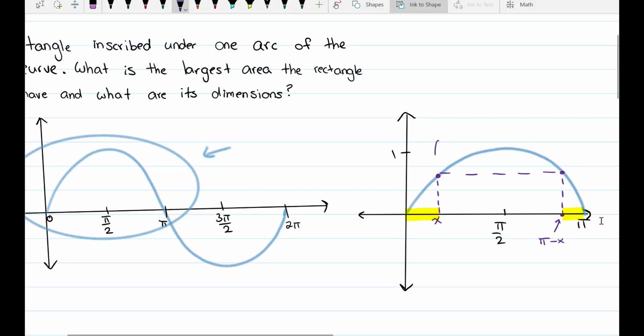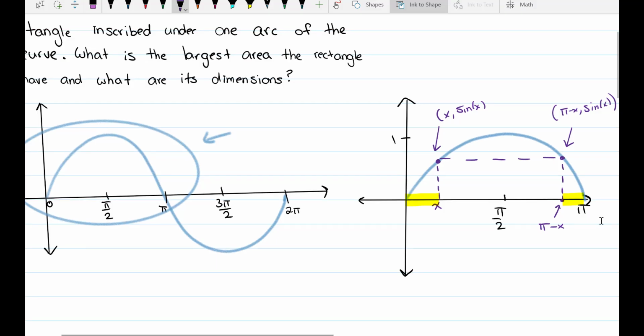So if I were to label this coordinate, it would be x comma f of x, but f of x is sine of x. Then this coordinate is pi minus x and sine of x. Okay?